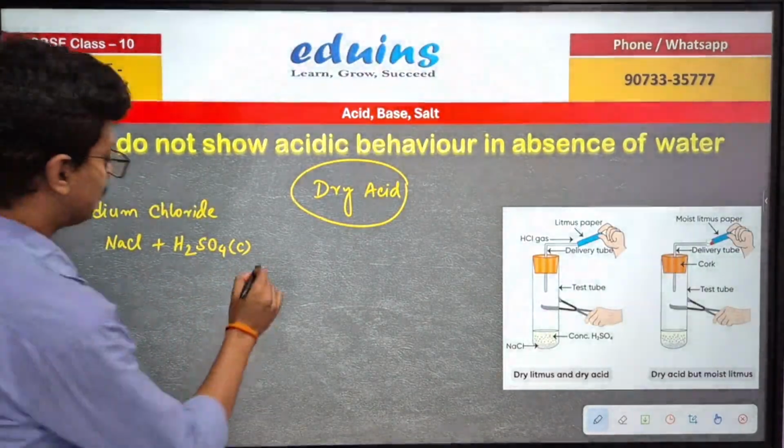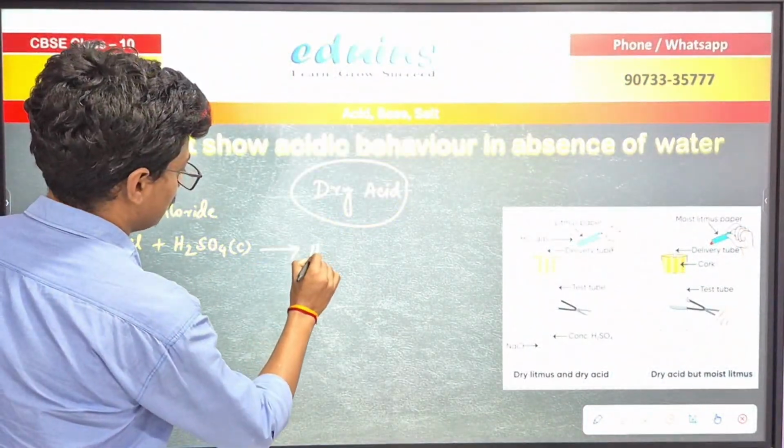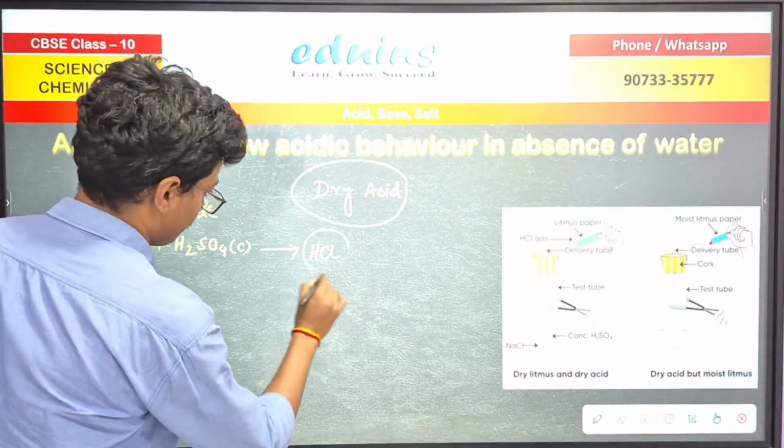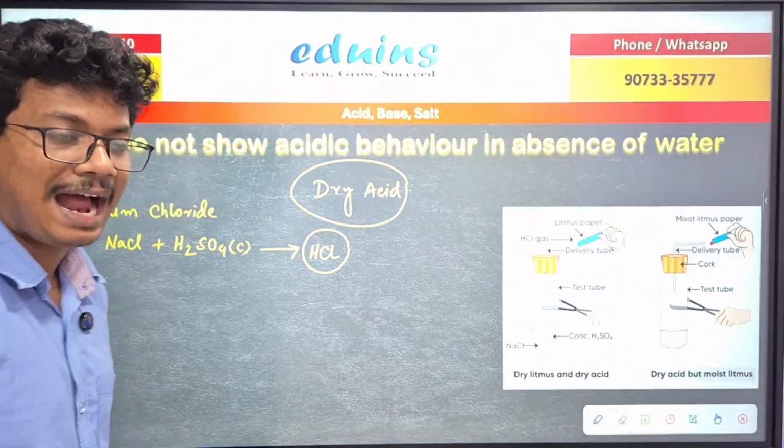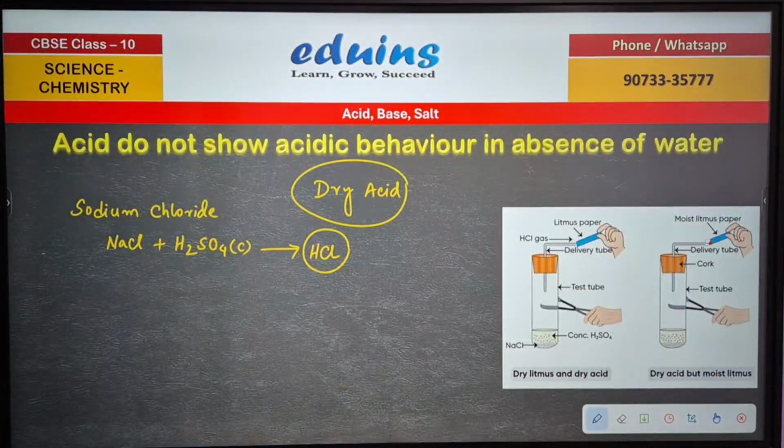Okay, it will react and produce HCl, hydrogen chloride or hydrochloric acid. This is basically hydrogen chloride. Why? Because this HCl is produced in dry condition.